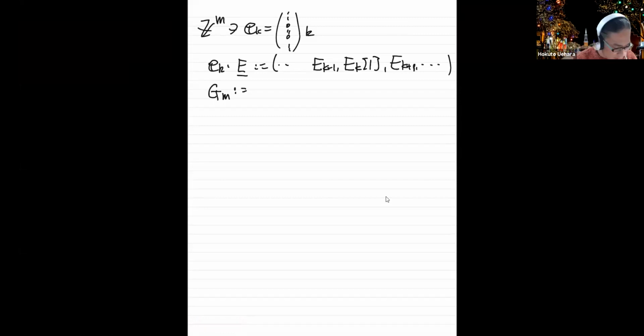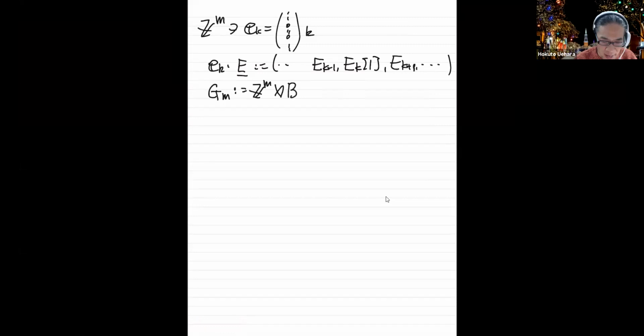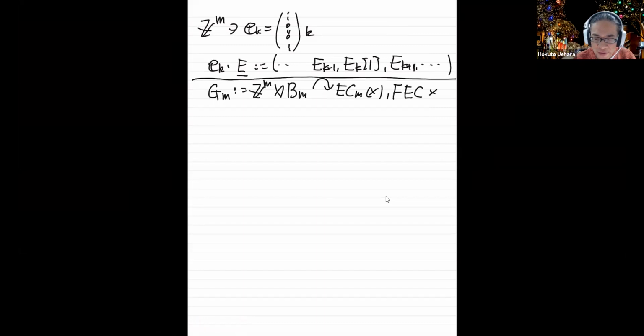Okay, and let us define G_M as the semi-direct product of Z^M and B_M, the braid group of M strands. So this group G_M acts on exceptional collections of length M and full exceptional collections of length M. And there is a famous conjecture due to Bondal and Polishchuk.